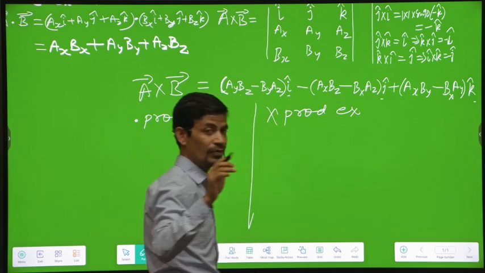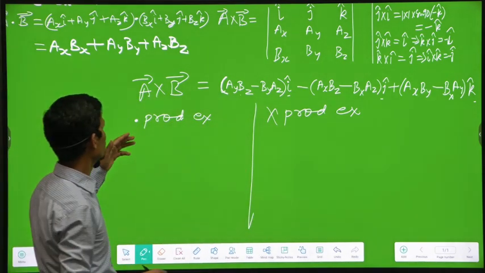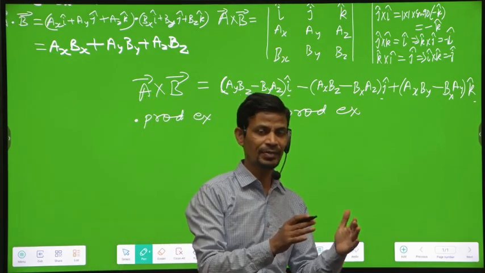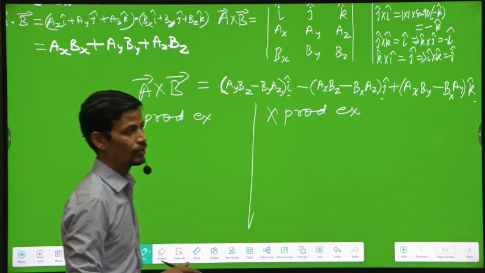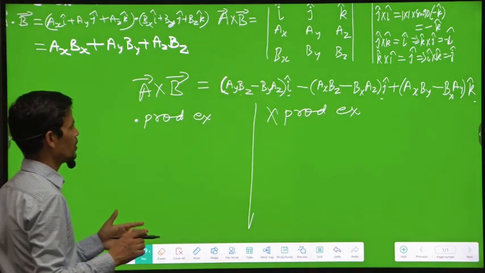And see, be very careful: a cross b equals ab sine theta n cap. So that ab is just the magnitude. Be careful about it, and you need to put the proper sign, otherwise you will get confused.